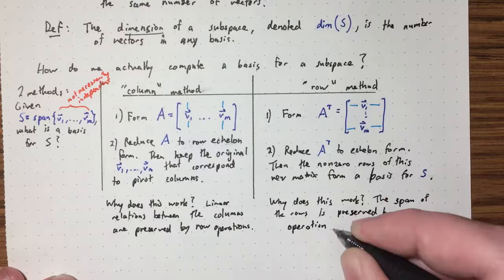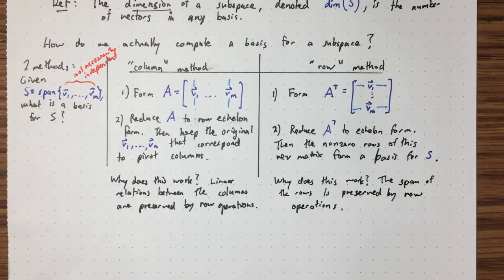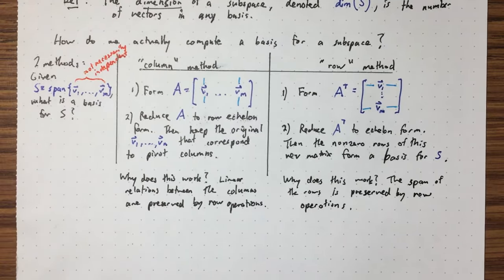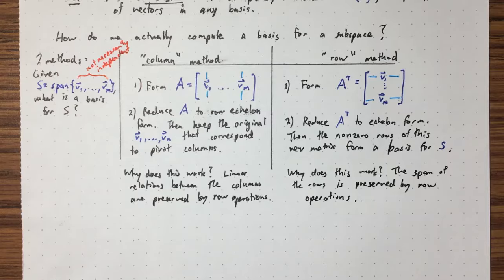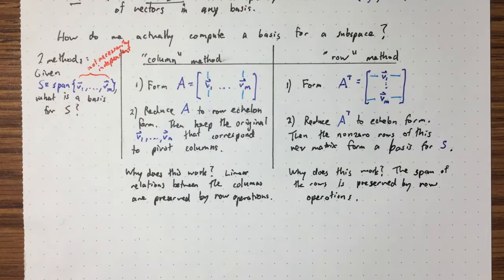That takes some work to show, but for example, if I take row 2 and subtract 2 copies of row 1 from it, I'm actually not changing the span. So yes, row 2 will change, but my new row 1 and row 2 will span the same space as the original row 1 and row 2.